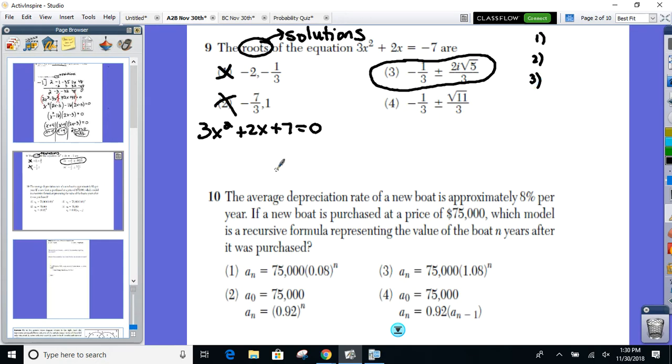You could try to factor it if you want. What are my other 2 options? Quadratic formula, which is given to you on your reference sheet. Nobody could come up with the third way. Complete the square. Yep.